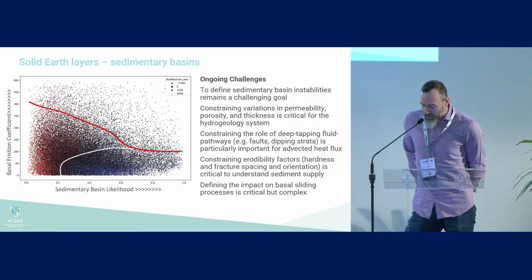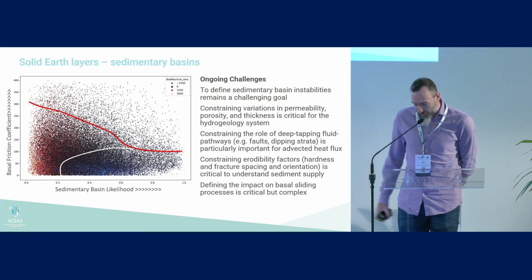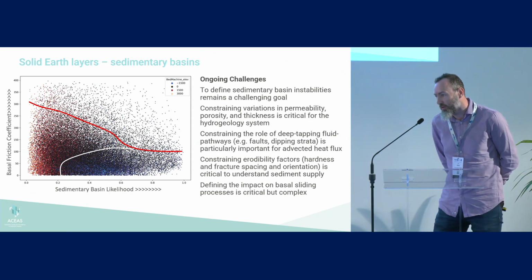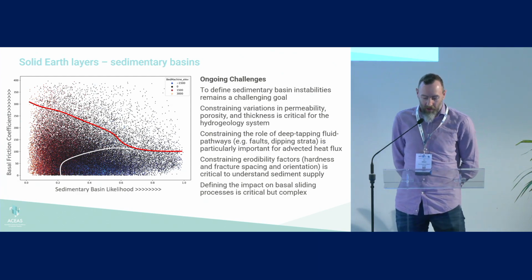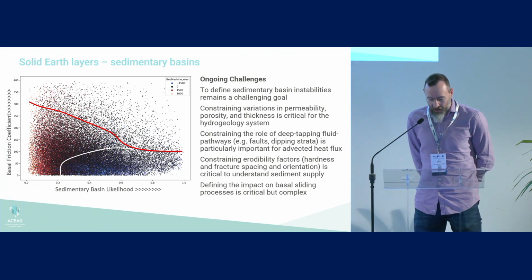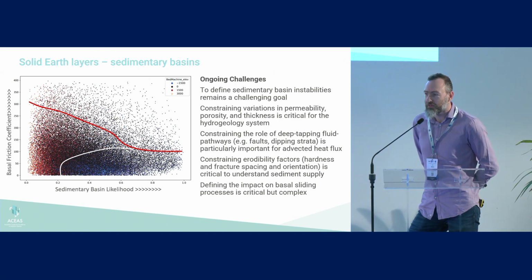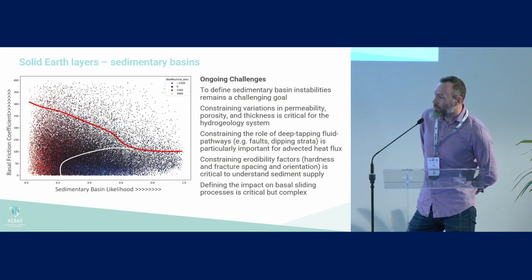And this slide, this scatter plot here, is an interesting one I just put together because it looks at the sedimentary basin likelihood and a map of basal friction coefficient. And it didn't give me the nice diagonal line I was hoping for. It gave me a pretty complicated pattern, and the colors in that plot are bed elevation.